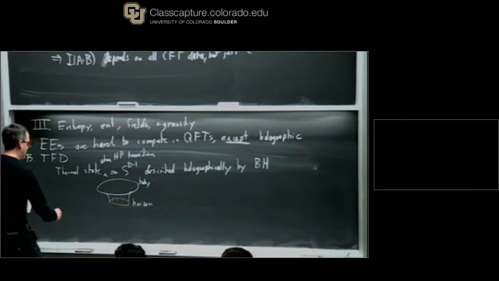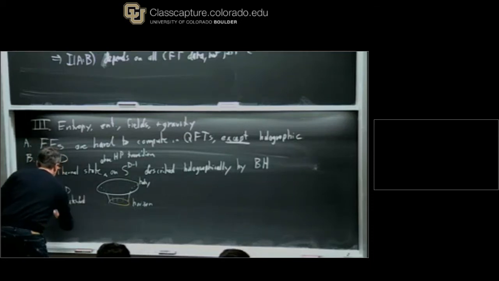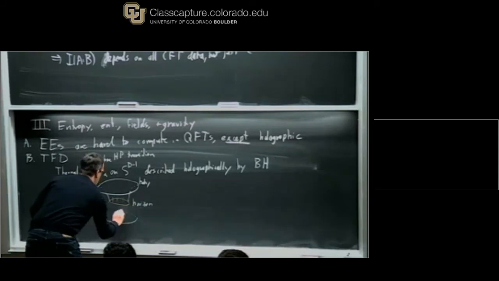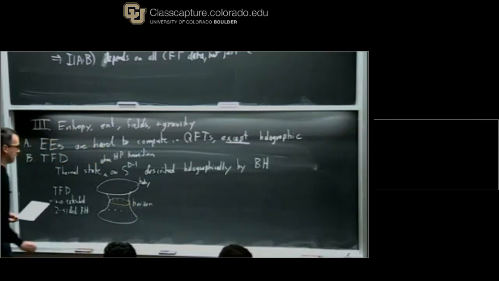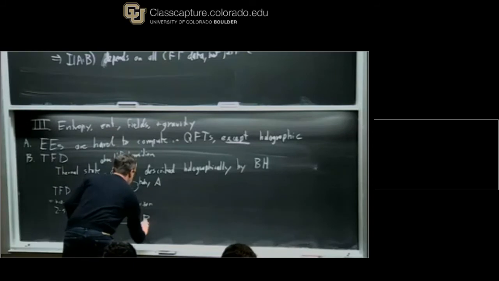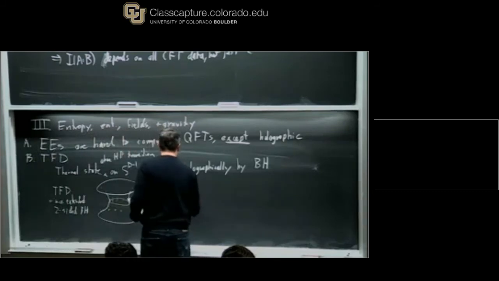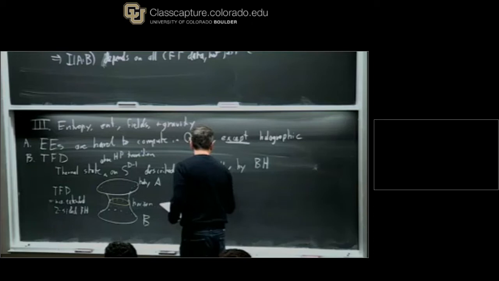And the thermofield double is described by, as I mentioned before, the maximally extended two-sided black hole. So this is the purification. And so now we have an A and a B. Okay. And furthermore, the thermal entropy, which is now the entropy of A, is given by the Bekenstein-Hawking entropy.